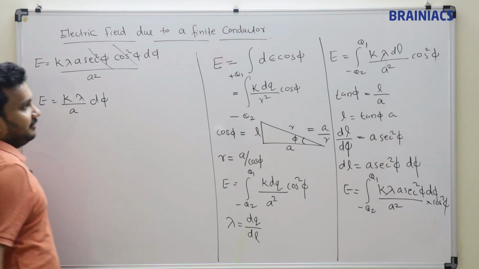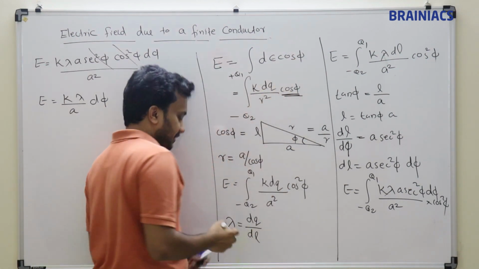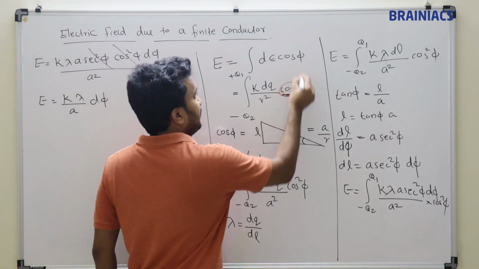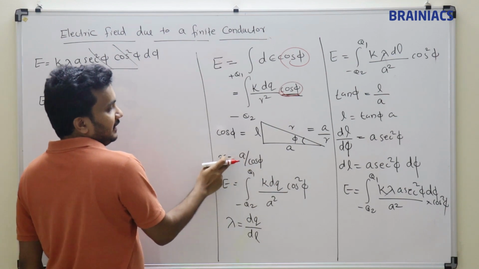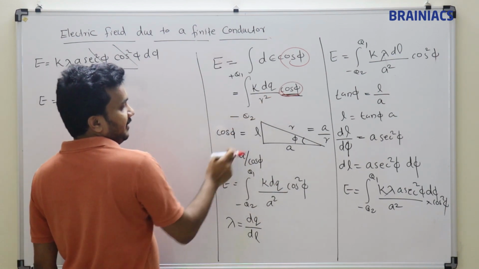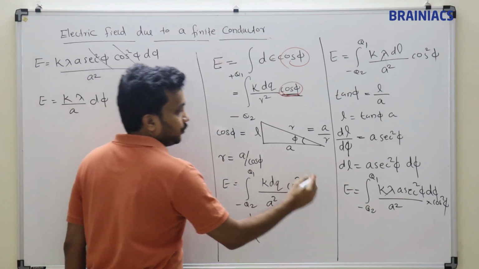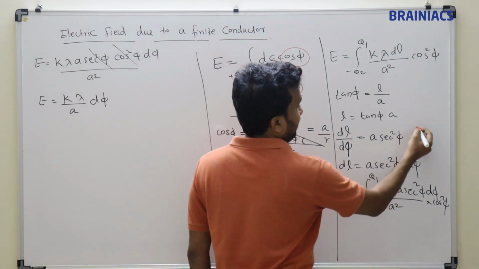Here we have made one mistake. We have a cos phi here, which we did not carry, because r equals A by cos phi, so A square by cos square phi gives one more cos phi. I'll put it in red color.